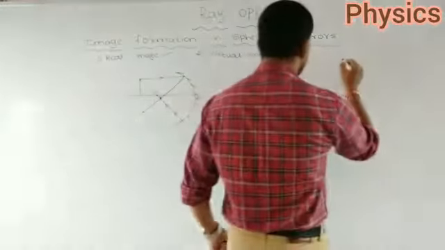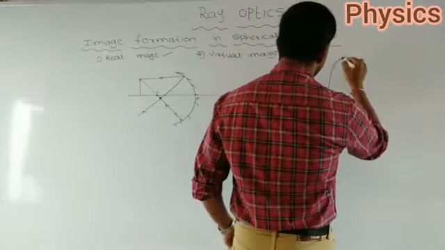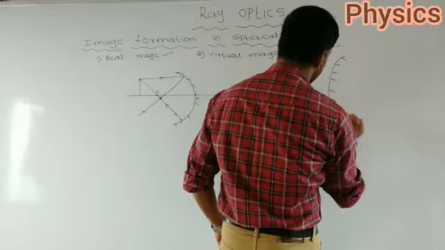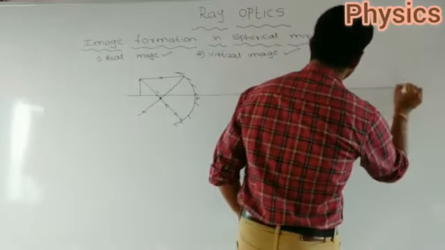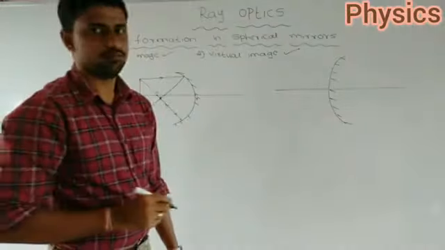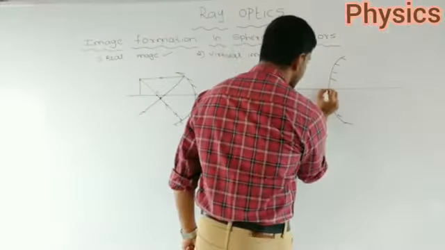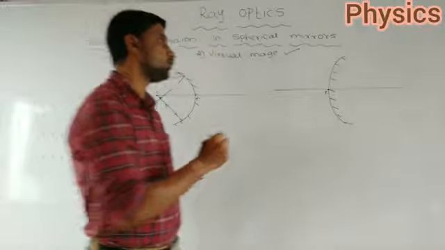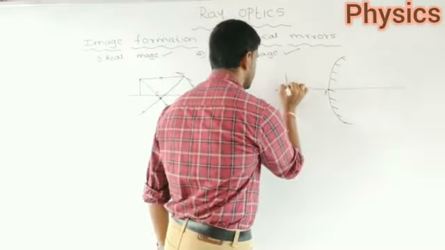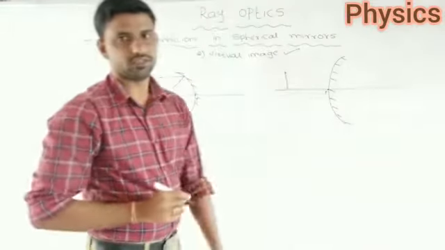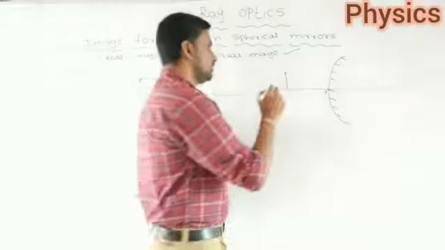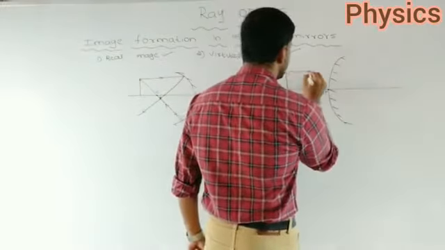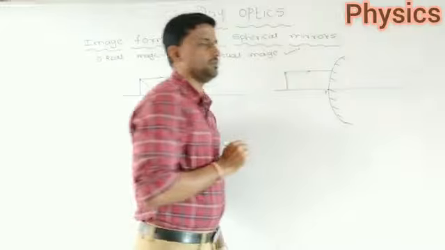Here I am considering one convex mirror. This is a convex mirror, and this is the principal axis of the convex mirror, and this point, exactly the center of the mirror, is called the pole. Here I am going to consider an object. Now I am taking one ray of light parallel to the principal axis, incident from this object.